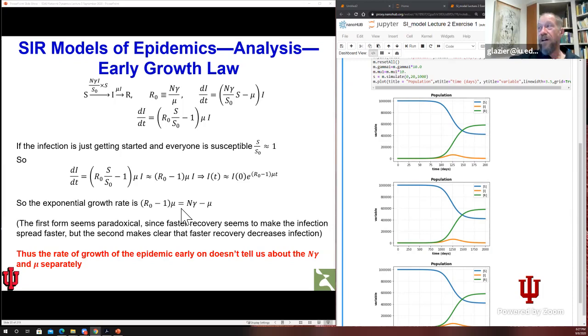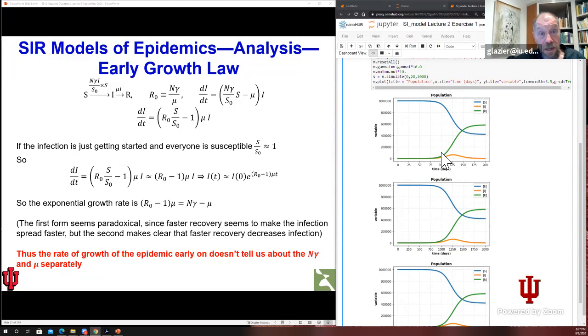And since the final number of people infected depends only on R naught, people trying to estimate what the final infection is going to be by looking at the beginning cannot do it. You cannot estimate the final number infected by looking at the early rate of infection. But of course, that's what people want.